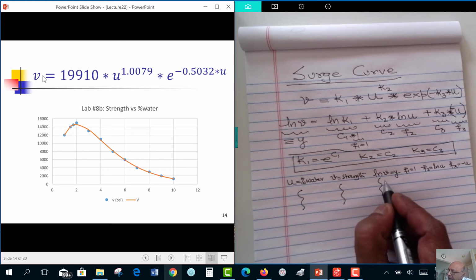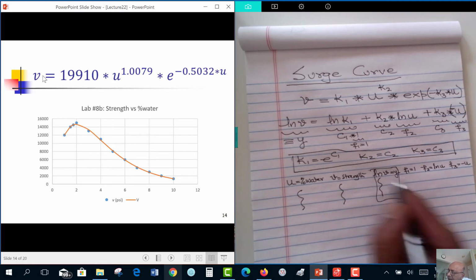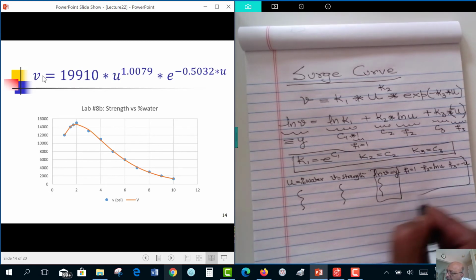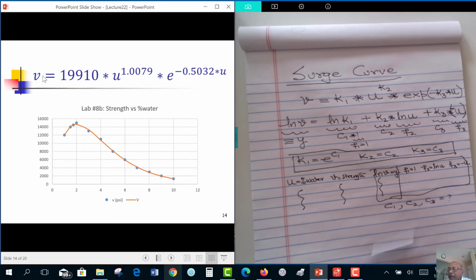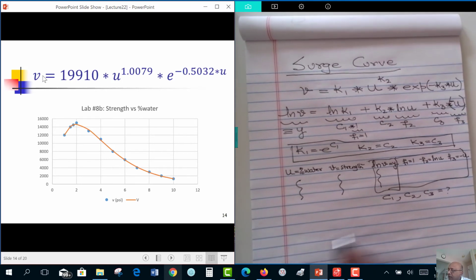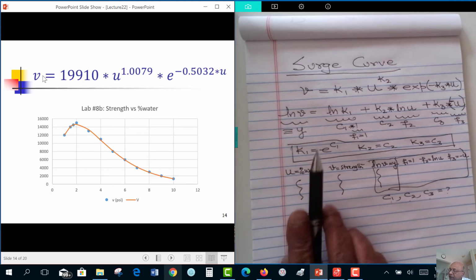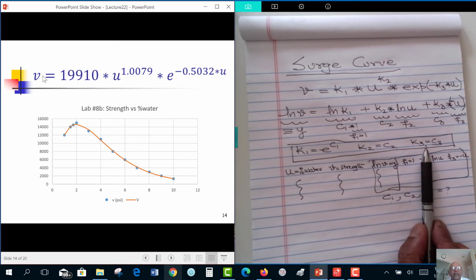If we have this data, we take log of V, we have our y-axis, and we have these functions, right? So once we have y-axis and functions, we can find C1, C2, C3 using our least squares technique. And once we find C1, C2, C3, we know K1, K2, K3, and we can plot this curve, right? So you can see blue dots, very nice curve fit. So this is a very nice description of strength of concrete versus water.